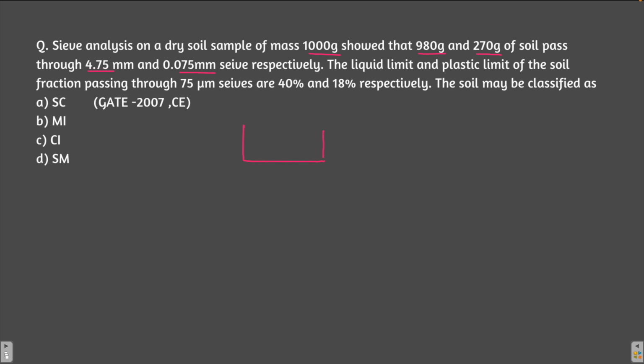Initially we had 1000 grams of soil, and out of that, 980 grams passed through the 4.75 millimeter sieve, right? Now 270 grams also passed through the 75 micron sieve.